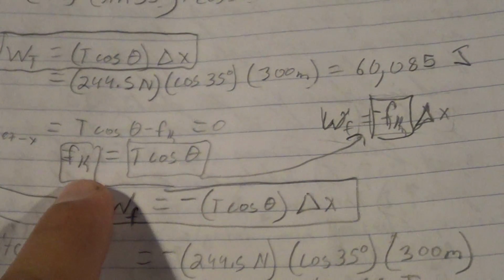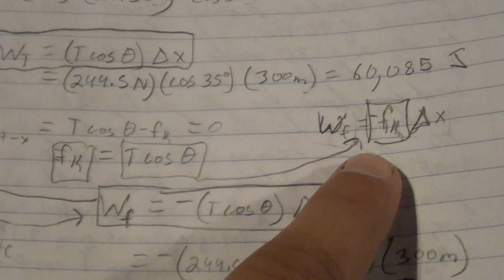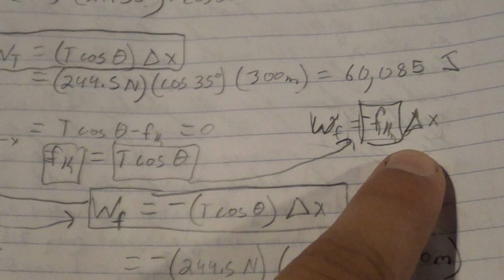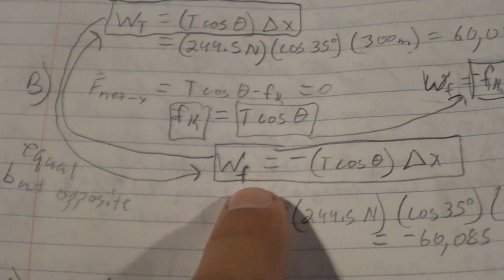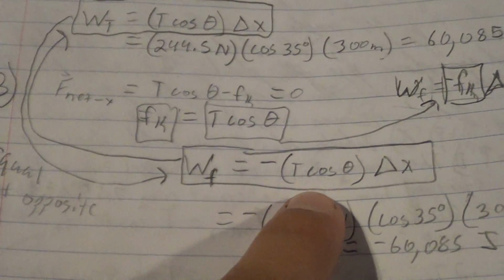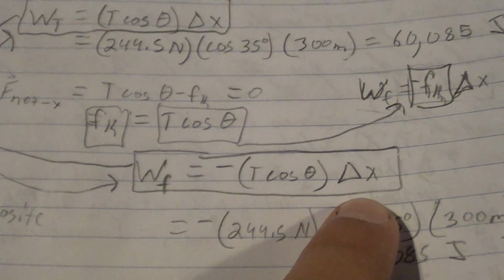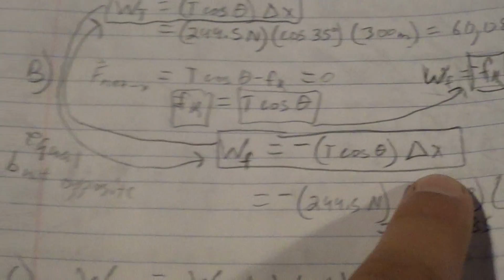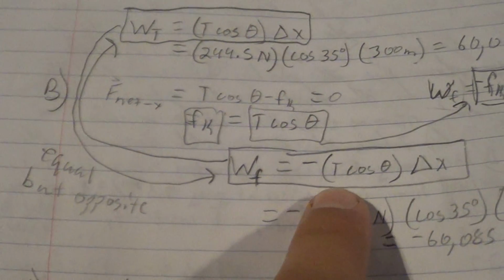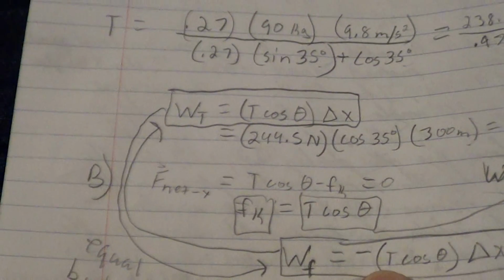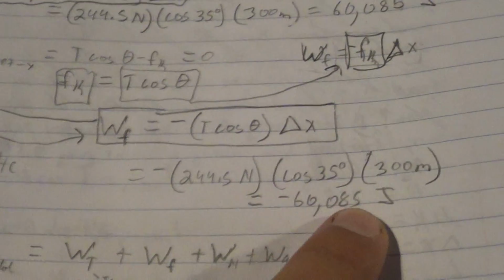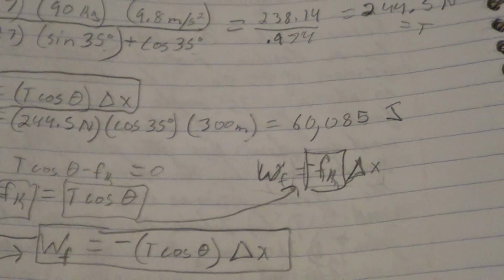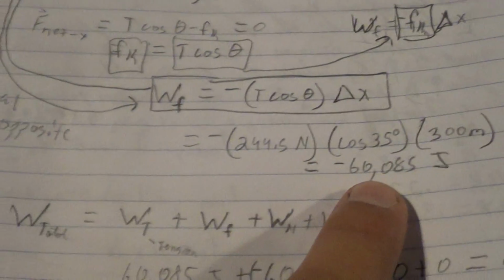And then we know that work by friction is negative force times delta x, so it's negative T cosine theta delta x. It's going to be the same formula as above, except this one has a negative. Plugging in the same thing, we get the exact same number, except it's negative, acting in the opposite direction.